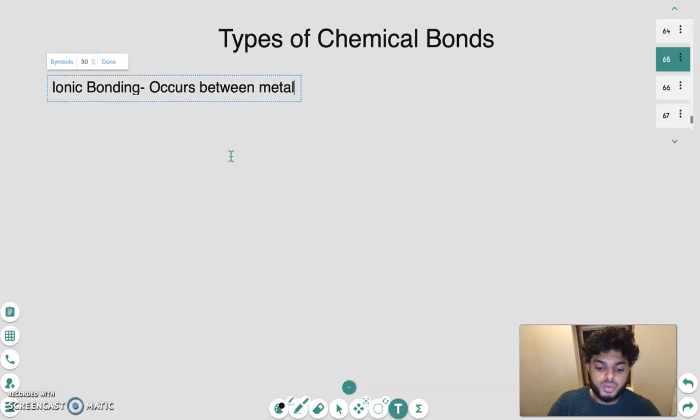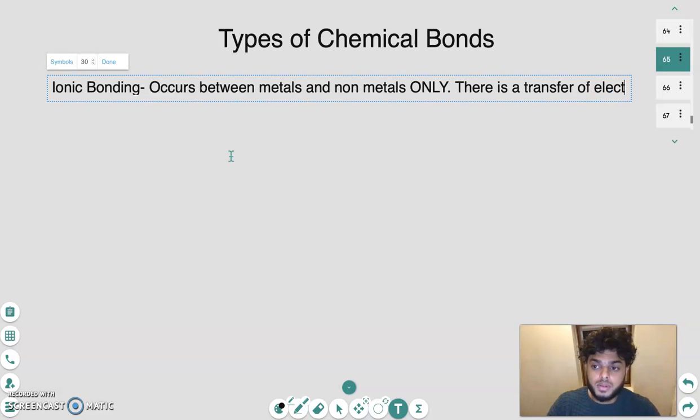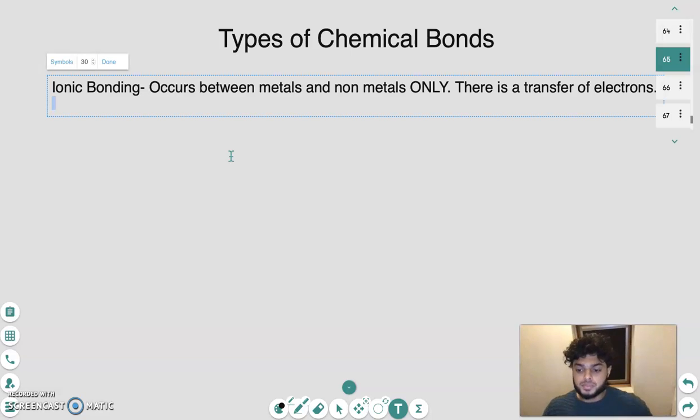And the way that this occurs is through a transfer of electrons. So the metal will donate one or more of its electrons from its outer shell to the non-metal.